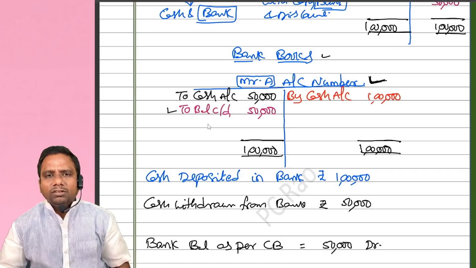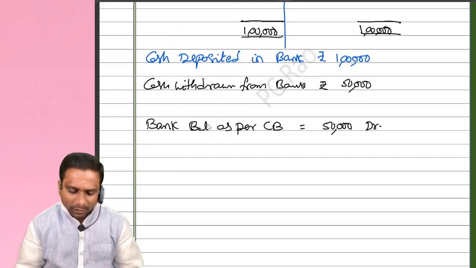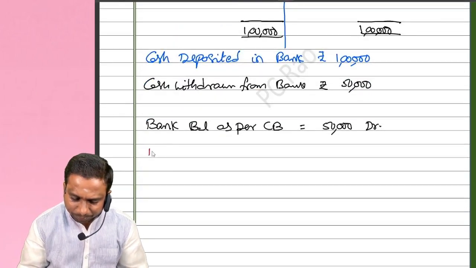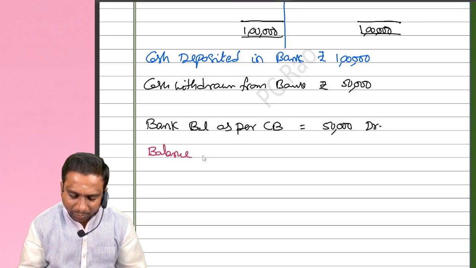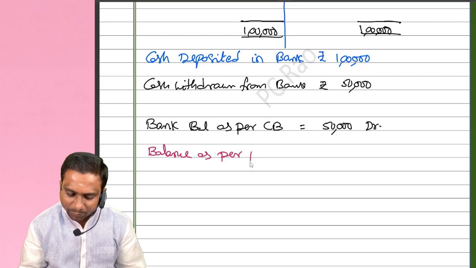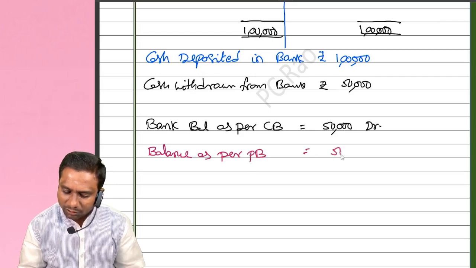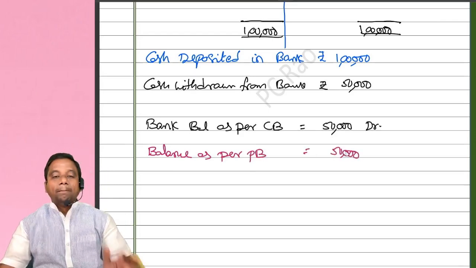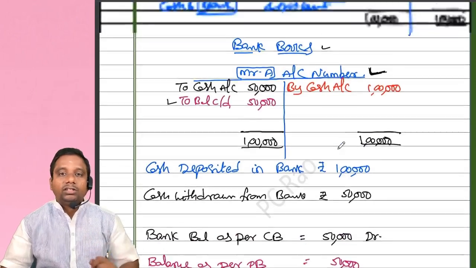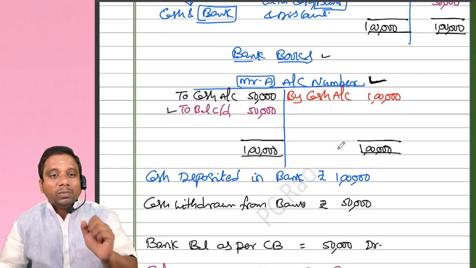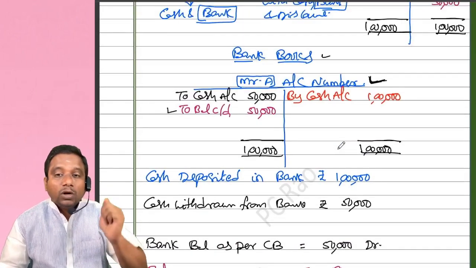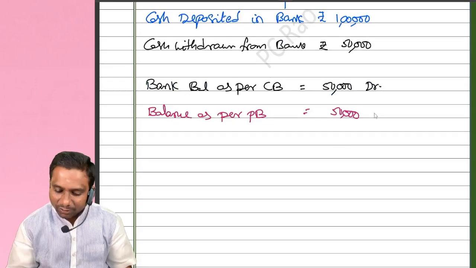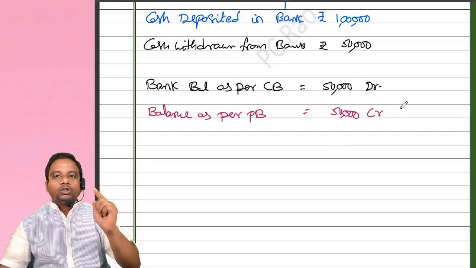Now, you tell me, from the banker's point of view, balance as per passbook how much? 50,000, sir. Is it showing debit balance or credit balance? From the bank's point of view, it is showing credit balance, sir.